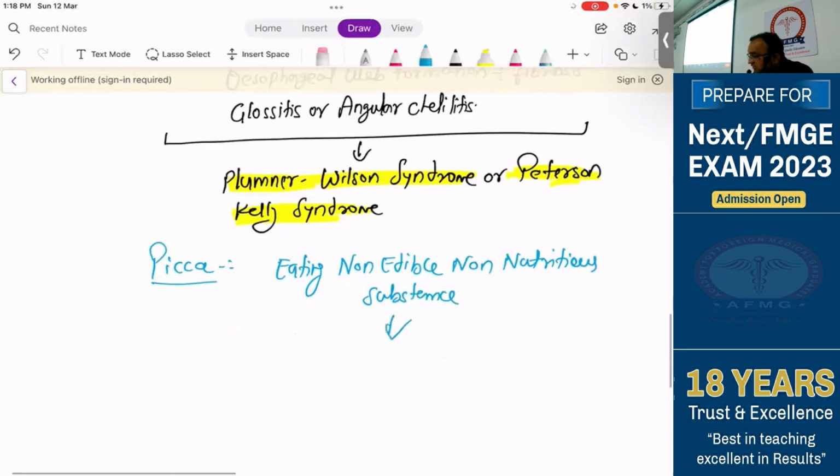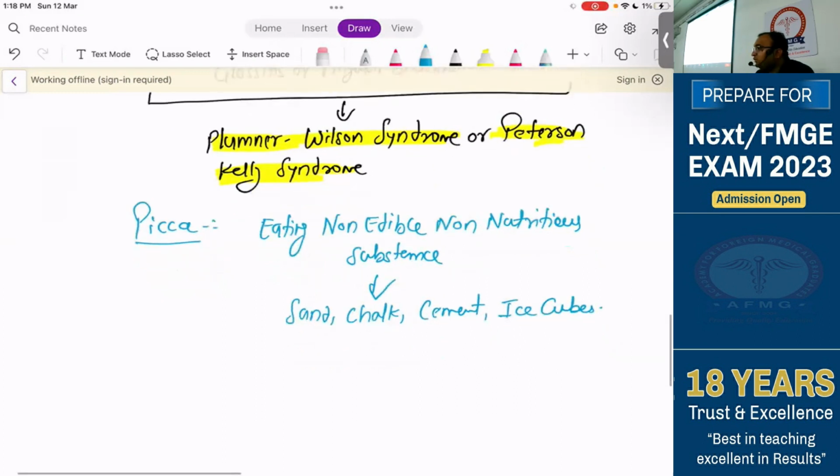Iron deficiency will lead to a psychological urge to eat these things, like sand, chalk, cement, ice cubes. They are not nutritious and not edible, but still they eat them. That is called pica.